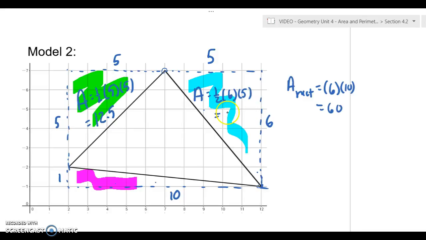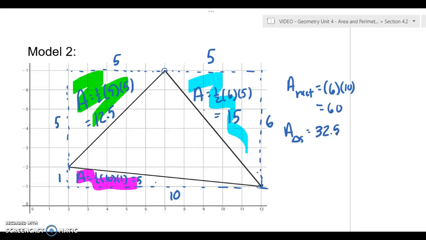So 1/2 of 30, that's 15. And here I have 1/2 of 10 times 1, which is 5. So now I have my triangles that I'm going to take away. I've got a 12.5, a 15, and a 5. Together, that's going to give me 32.5.